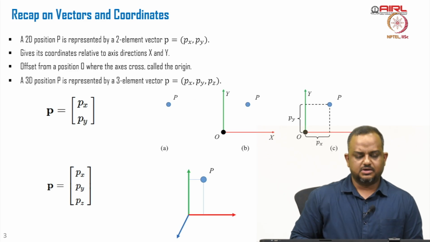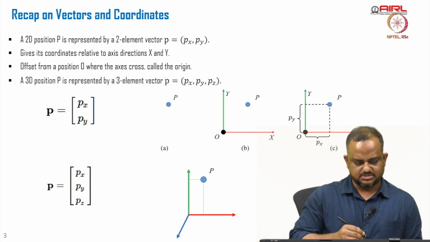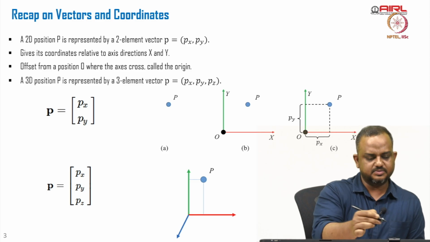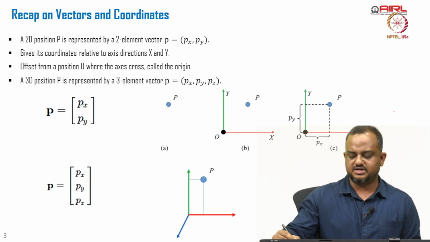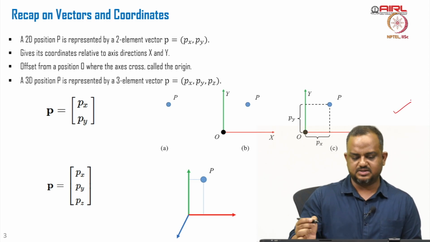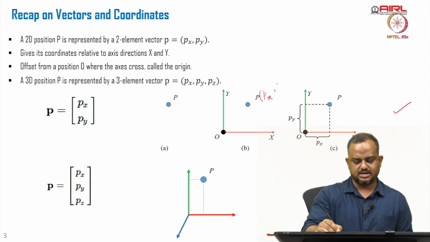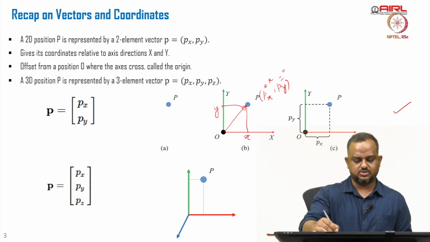Okay, so in the last tutorial we have seen that in a 2D coordinate system, a point P is represented by Px and Py, and when we represent it in terms of vectors, this becomes the vector which has coordinates x and y, where x is equal to Px, y is equal to Py.